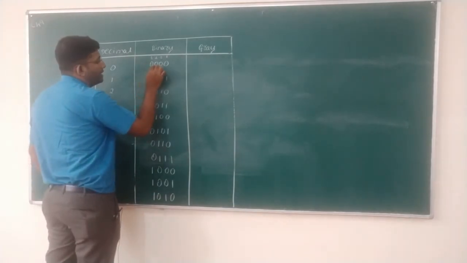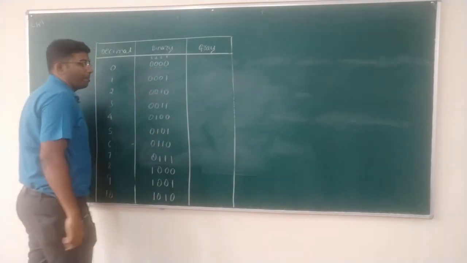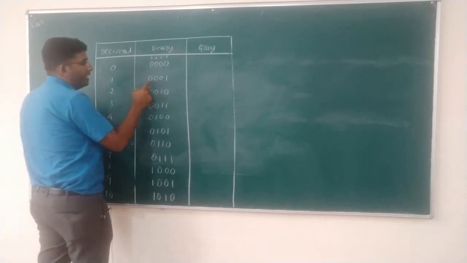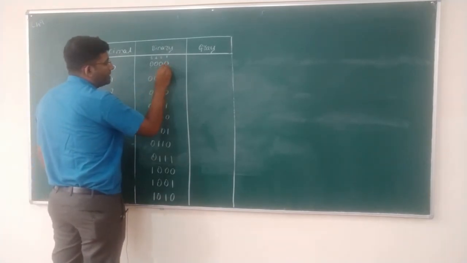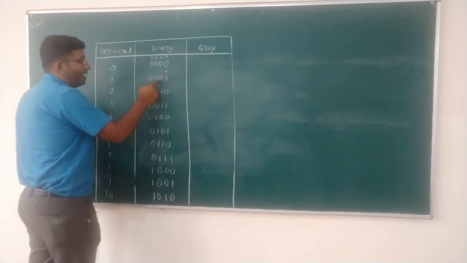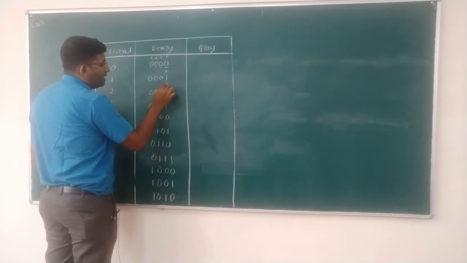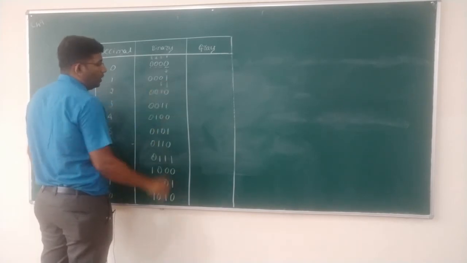Here, first I am considering all bits as 0. If I want to represent incrementing the value by 1, then only this bit changes to 1 and all other 3 bits remain the same. Here we are changing 1 into 0, 0 into 1.